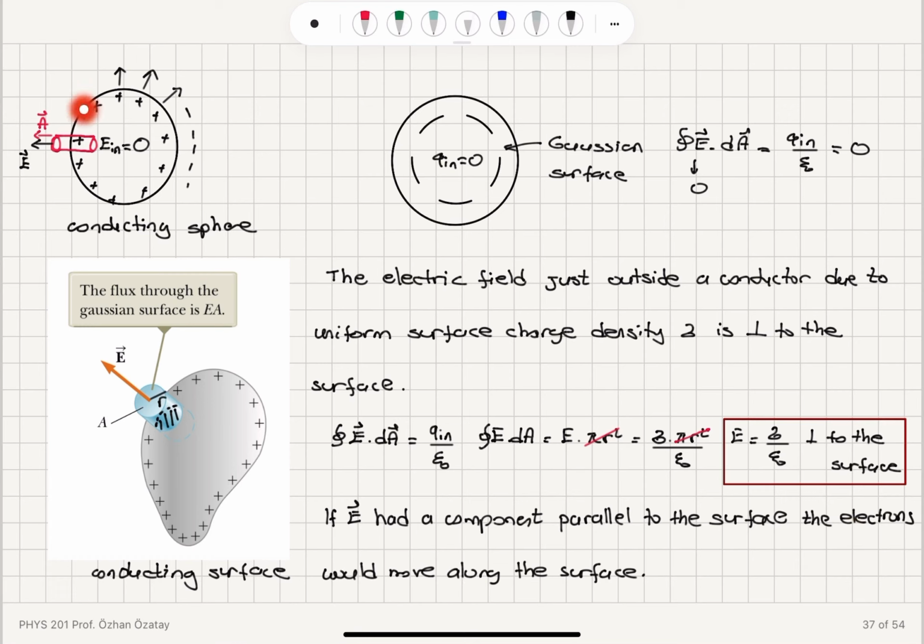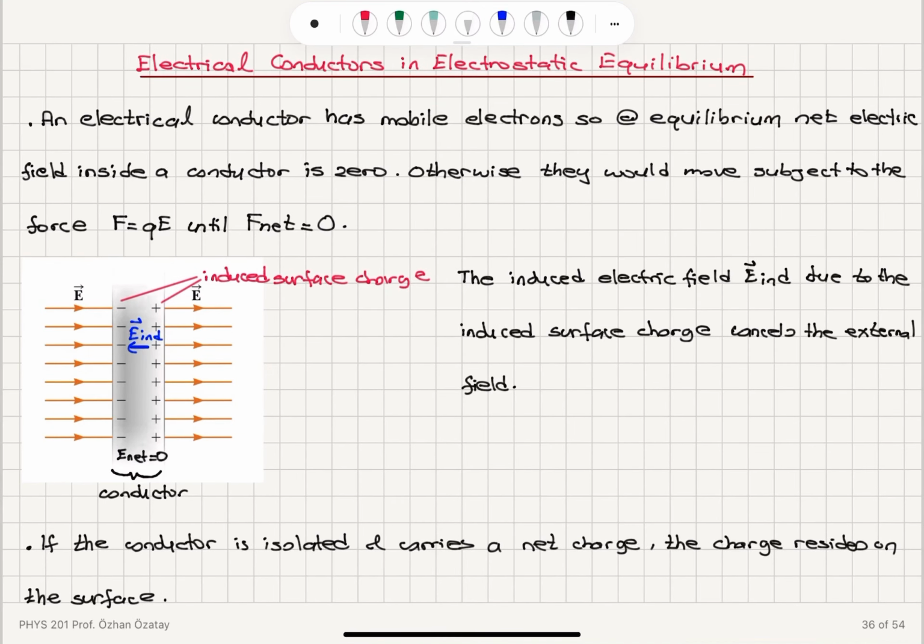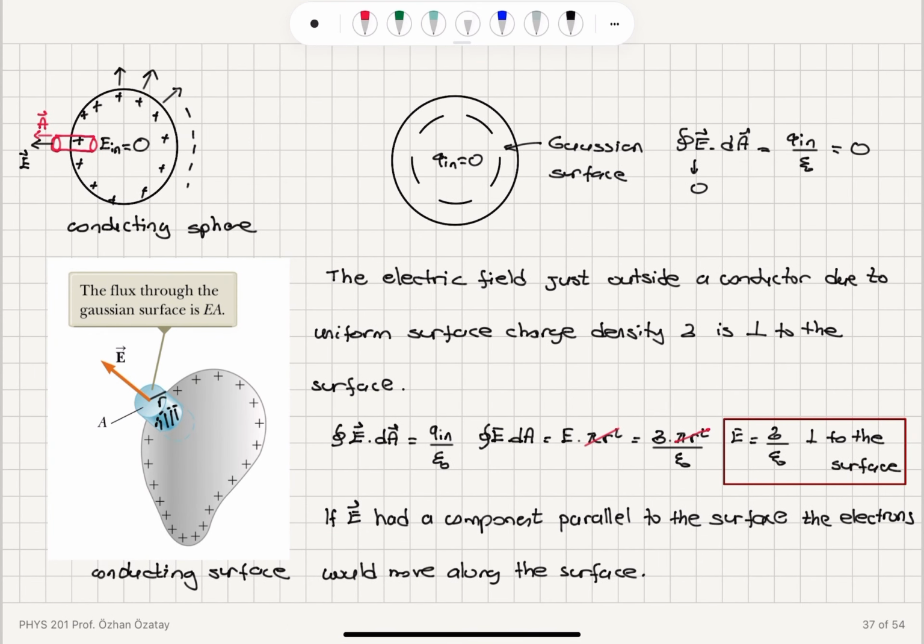So if you have an electric field component here, then you would have electron motion on the surface until the parallel component of the electric field becomes zero. Because these mobile electrons can establish an equilibrium corresponding to a total net electric force of zero, this argument shows us that the electric field outside a conducting surface has to be perpendicular to the surface.